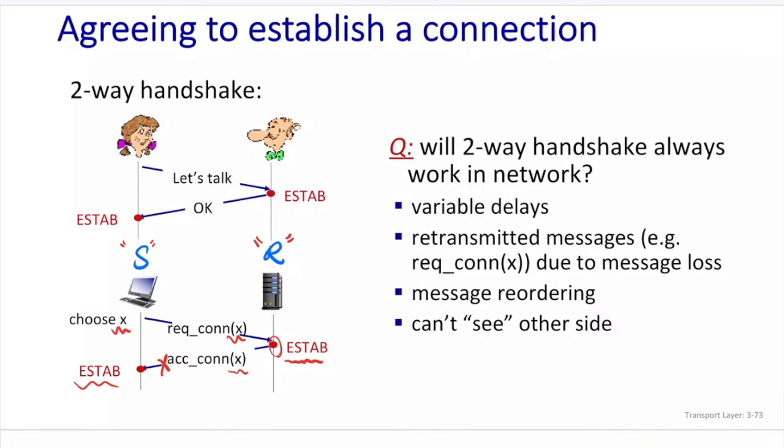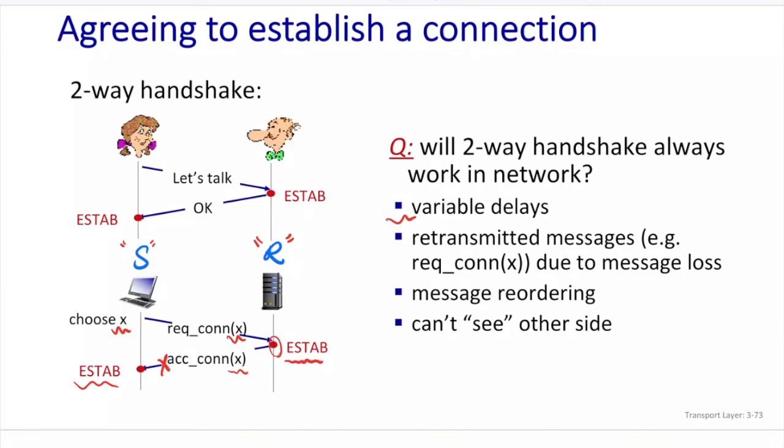So at this moment, the receiver is ready to send and receive messages, but the sender does not know the current state because it's waiting for the agreement, right? So on the right-hand side, because we have variable delays, the sender does not know if it should keep waiting, or reset the connection, or terminate the connection.